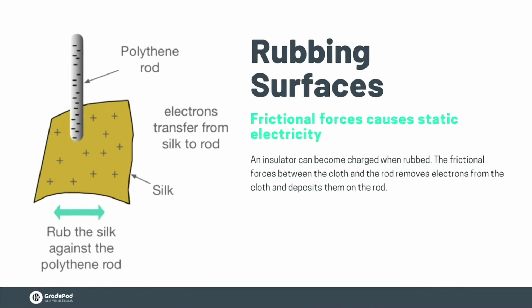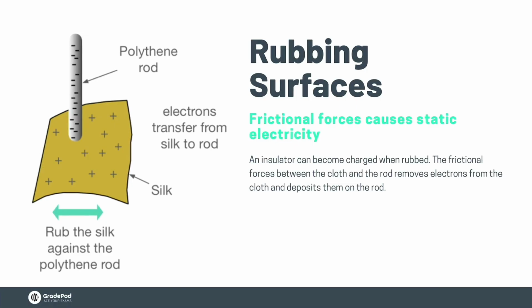So when we rub a surface, and we have two objects here, a polythene rod and a cloth of silk, when we rub those two together, frictional forces start coming into play. Those frictional forces between the cloth and the rod remove the electrons from the silk. Because those electrons can freely move, they move onto the polythene rod.